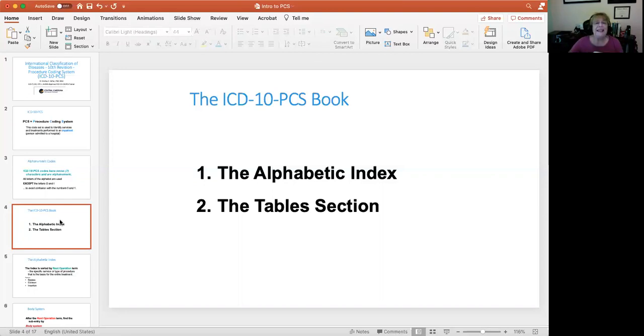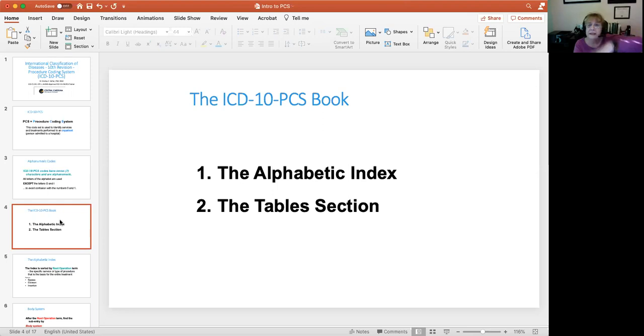Okay, the second half of the book is the table section, and it looks like this. Because, as I told you, in ICD-10-CM, you open the book, it's a listing of codes and their definitions, right?